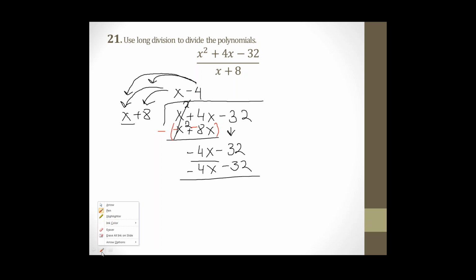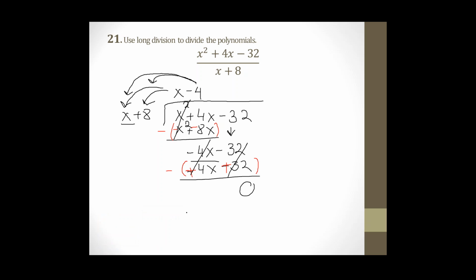Again, multiplying both by a negative sign will switch all the signs. So this becomes a plus, this becomes a plus, and now when I add them down, both of them will cancel out. Negative 4x plus 4x is 0, and negative 32 plus 32 is also 0.